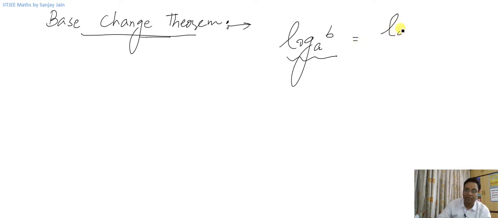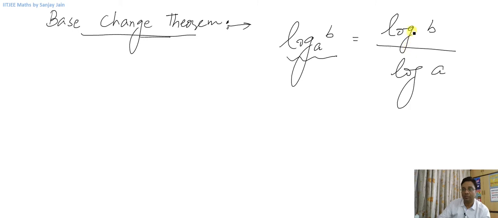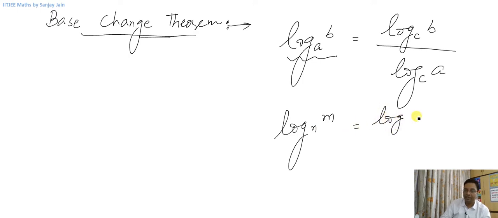So what I'll do is, I'll write it like this, log b in the numerator divided by log a in the denominator, and write the new base. Okay, let me take another example. For example, let us say I have got m here and n in the base, okay, but I want p as my base, so I'll write log m divided by log n and p as my new base.